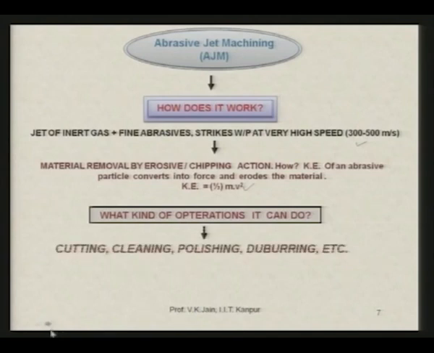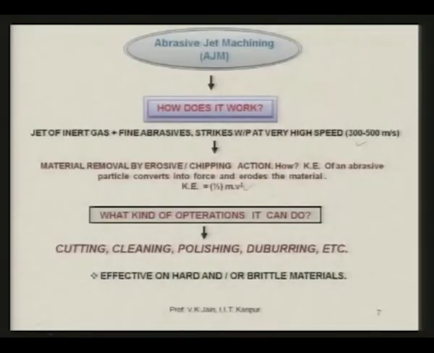It can do various kinds of operations like cutting a piece in two pieces, cleaning, polishing, deburring, drilling a hole, or cutting different shapes of cavity, blind cavity or through cavity in the workpiece.